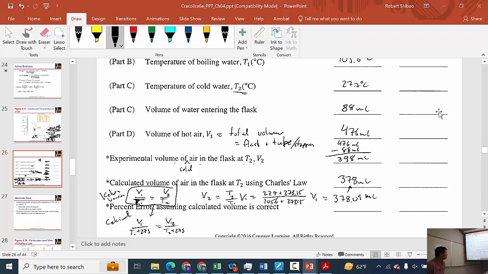Now the percent error, assuming the calculated volume is correct. So this is going to be our theoretical based on calculation. This is our experimental. And so the percent error is equal to the experimental minus the theoretical divided by the theoretical times 100%. So this is going to be experimental 398 minus theoretical 378 divided by the theoretical 378 times 100%.